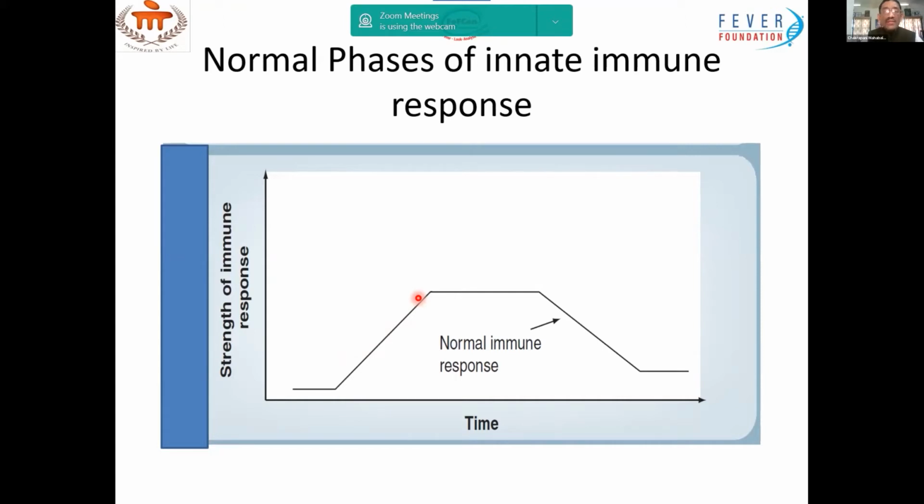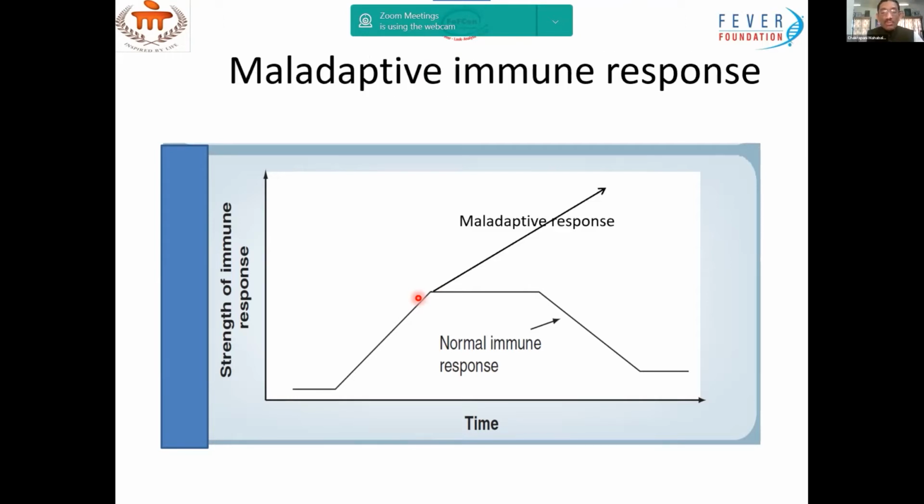This coordinated, adapted phase of immune response is very important, both in terms of the fever and also the variety of biochemical changes that happen in the body. The idea is to contain and control the infection or the other non-infectious agents. But once in a while, this adaptive response can go out of control, and that becomes a maladaptive response.